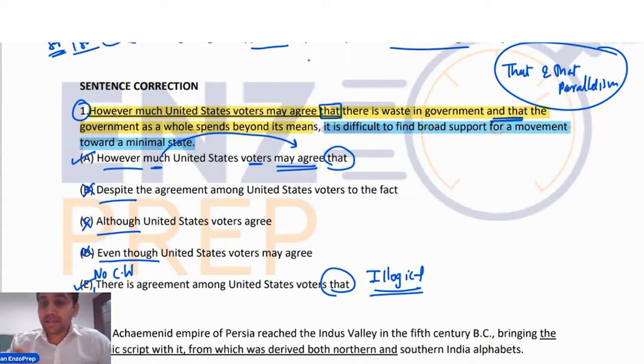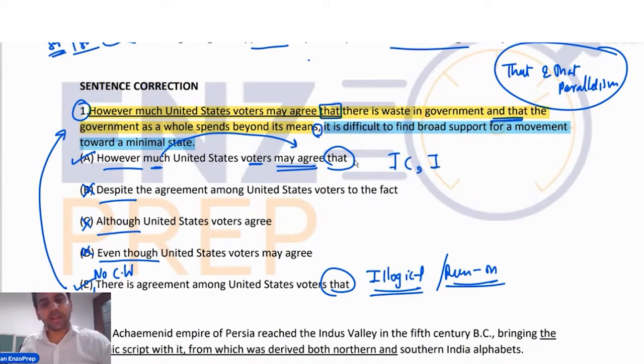Exactly. So Ayush, that's also a good point. There is an error in the comma, so this will become a run-on sentence. If you were to plug option E back in, there'll be two independent clauses, and you don't join two independent clauses with just a comma. So that's a run-on sentence. Absolutely a good spot there.